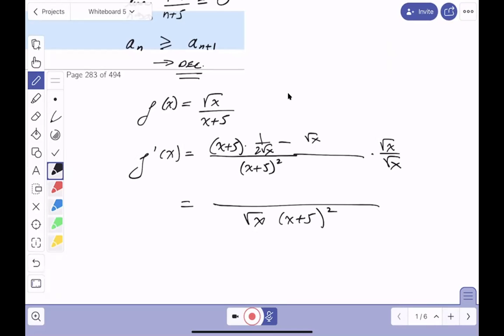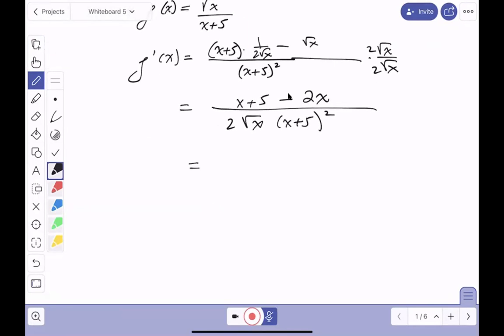And what would you get on top? I'm going to do 2. You would get x plus 5 minus 2x. I hope I didn't make any mistakes here. This would be 5 minus x. And what do you get there? 2 root x, x plus 5 squared.